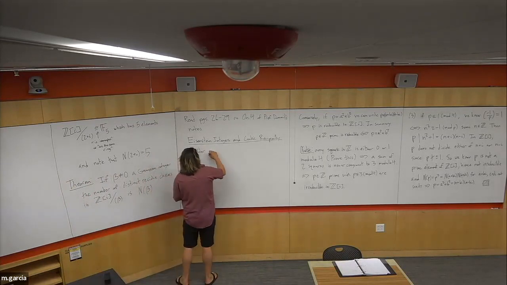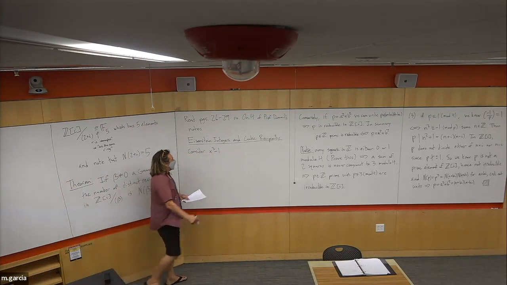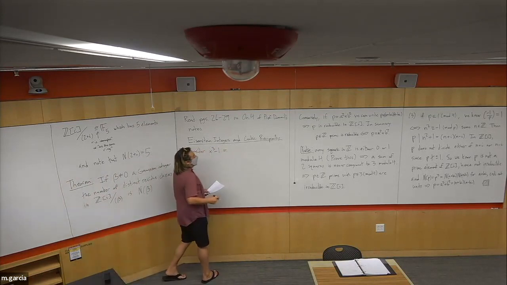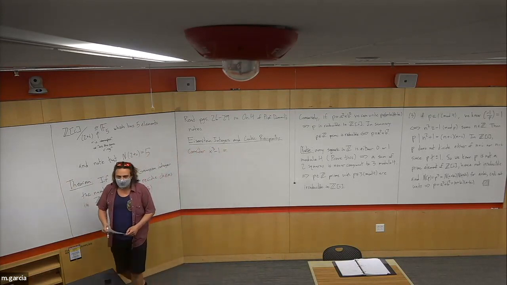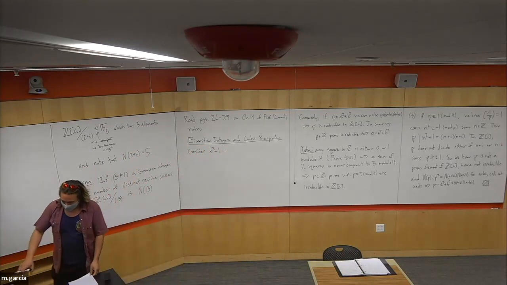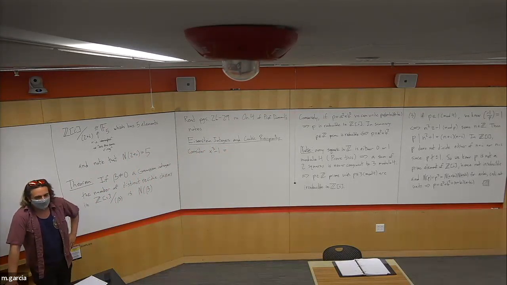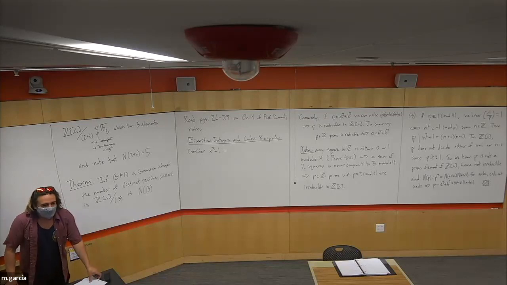Okay, so let's consider the polynomial x cubed minus 1. If we wanted to factor this into irreducible polynomials, this is something that we've done before, right? How do we factor this so that all the factors have integer coefficients and can't be factored any further? Yeah, we do the cyclotomic polynomial thing.